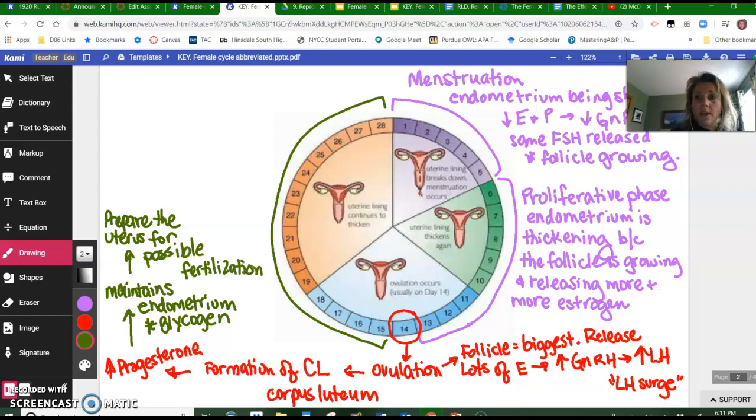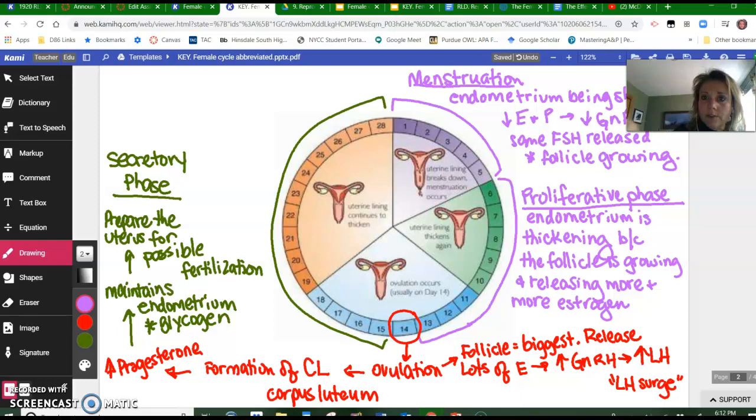So this whole phase, when we were talking about the ovarian cycle, we called it the post-ovulatory phase, but here when we're talking about the uterine cycle, we're calling it the secretory phase. And then over here, we were calling this the proliferative phase. And then, of course, we have menstruation.